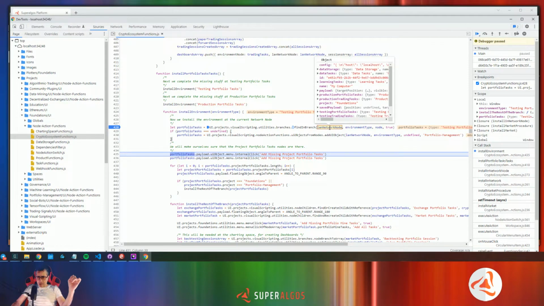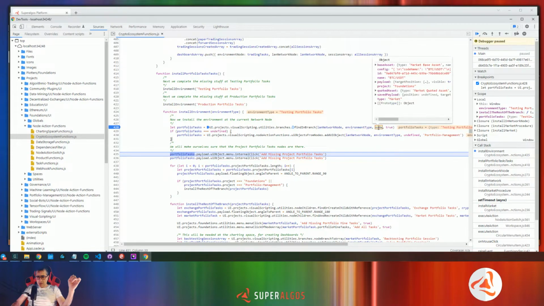LAN network, environment type, node, true.